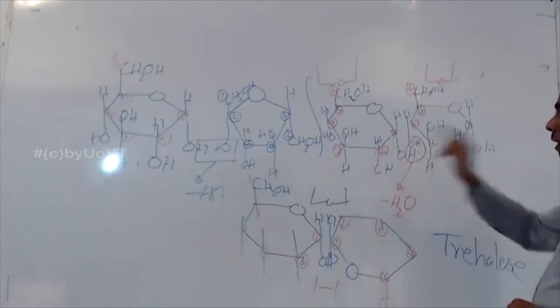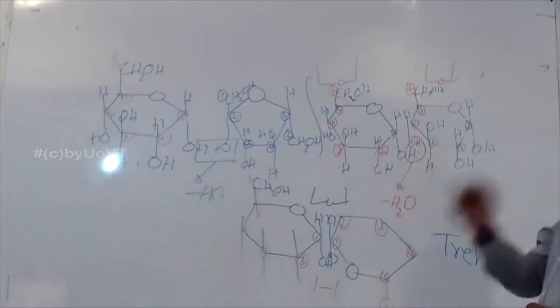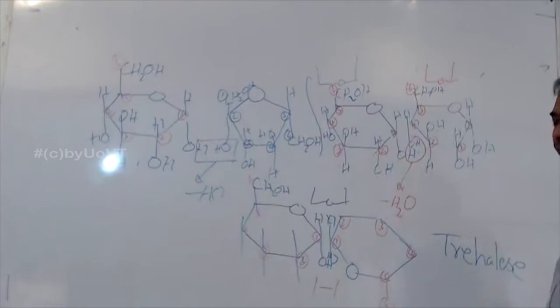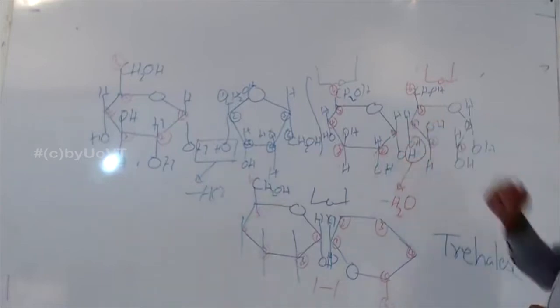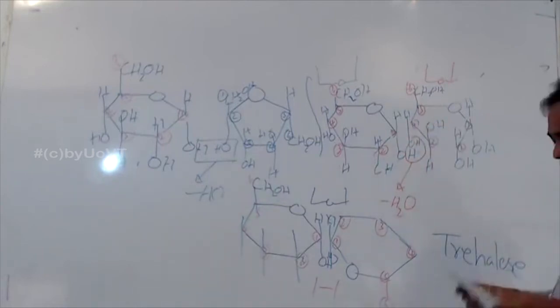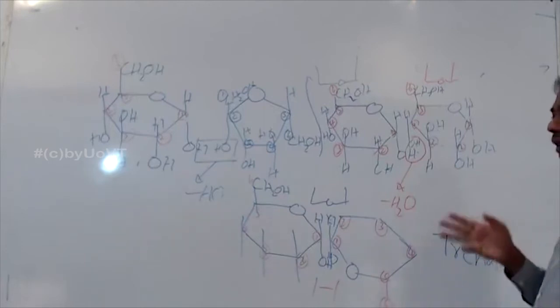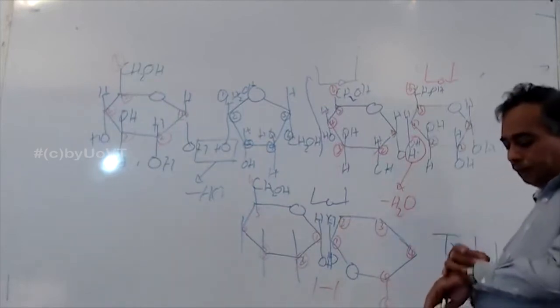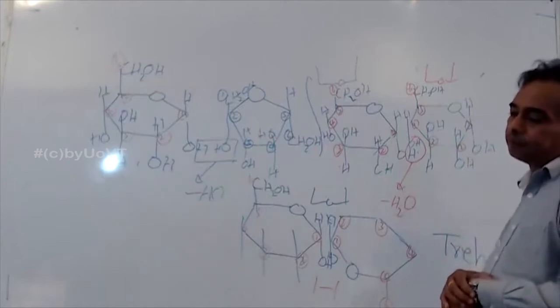Therefore, we can think of lactose as a reducing sugar. Same as maltose, we can explain it the same way. There is one free anomeric carbon available in the system.